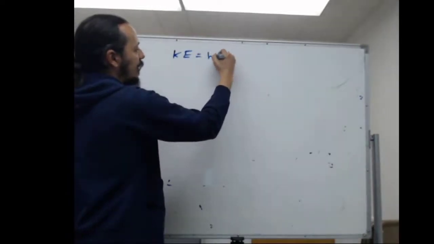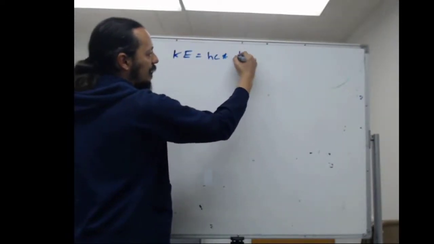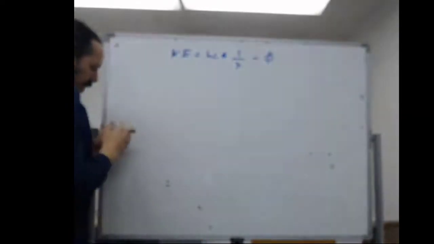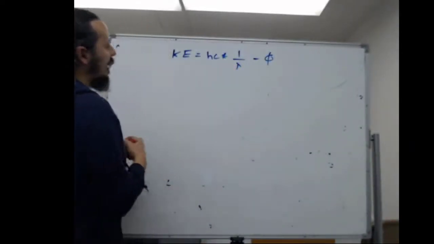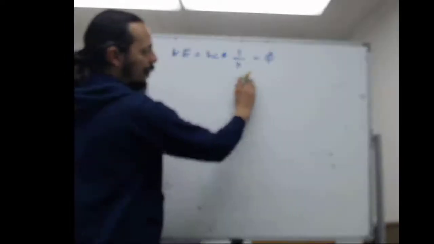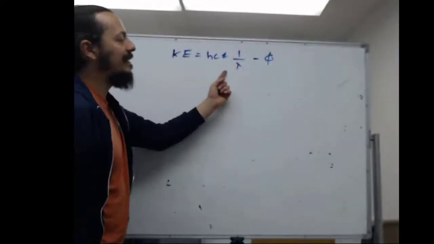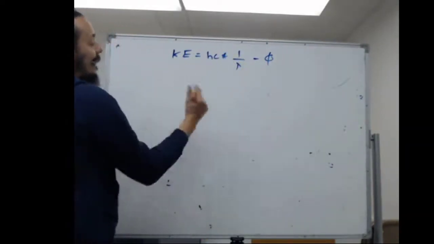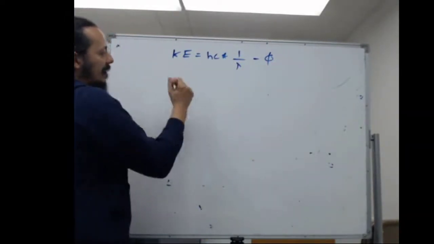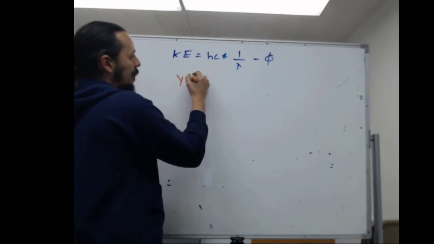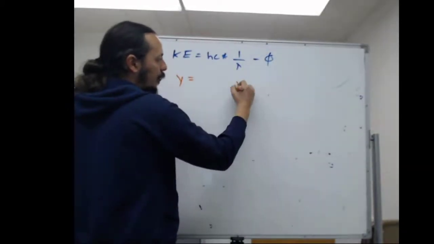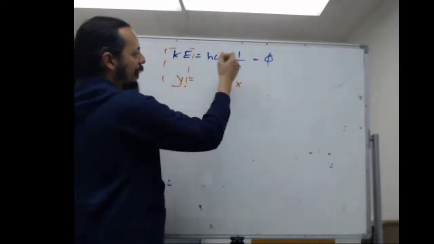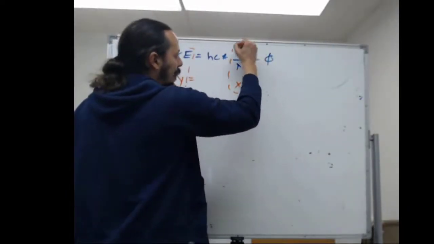Kinetic energy equals hc over wavelength minus the work function. Again, I'm going to write this in a really suggestive way so we can line things up. This is the equation for the photoelectric effect. This has some physical meaning, something we observe in the physical world. If we make our plots in terms of kinetic energy versus 1 over wavelength, my y values will line up with kinetic energy and my 1 over wavelength will line up with that.